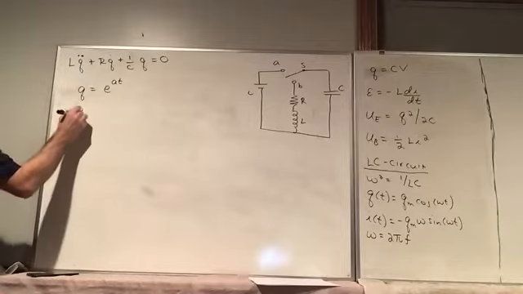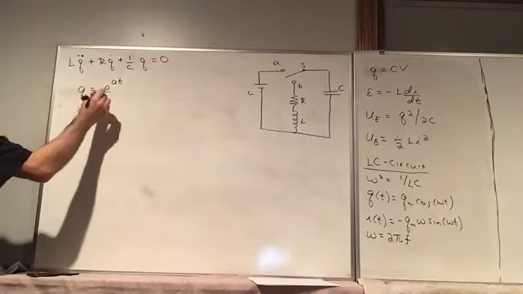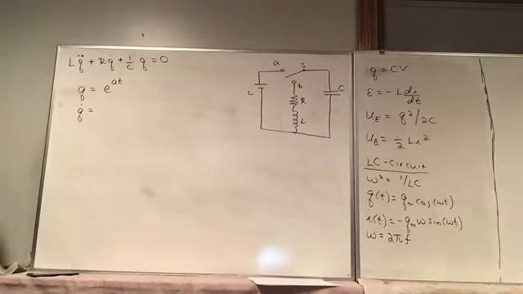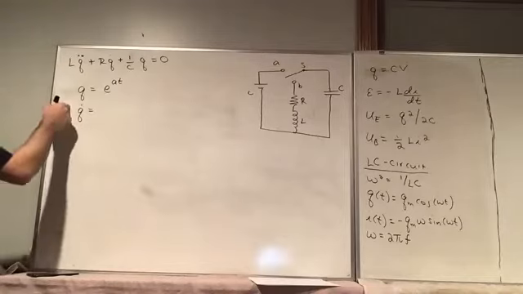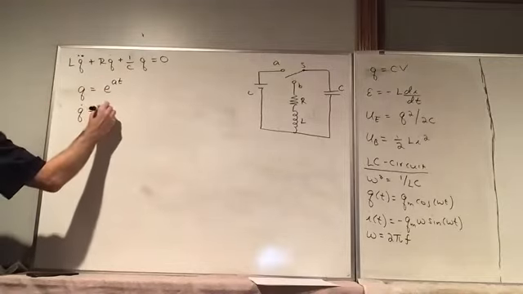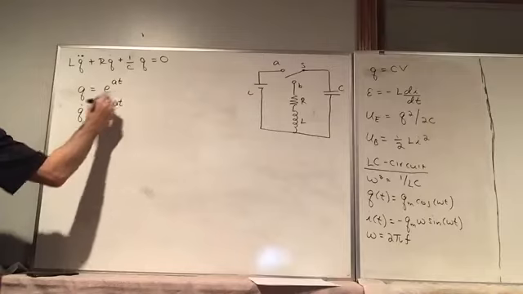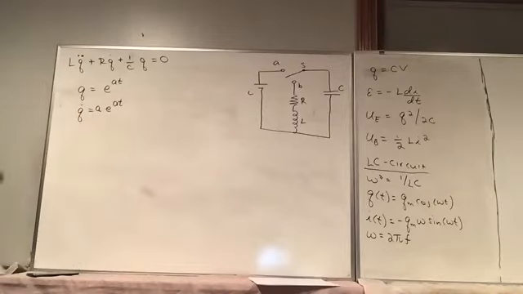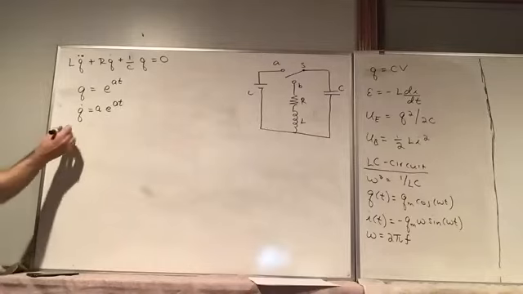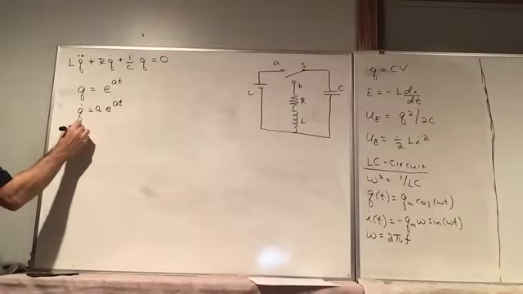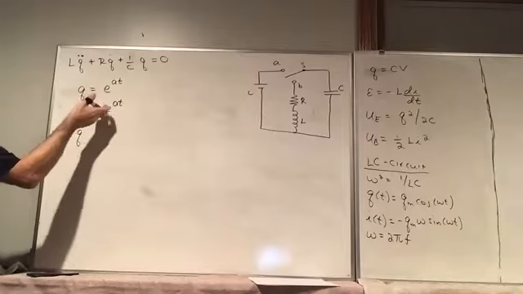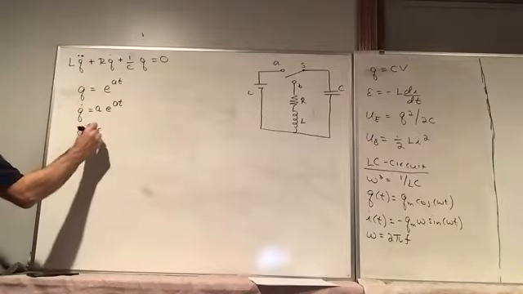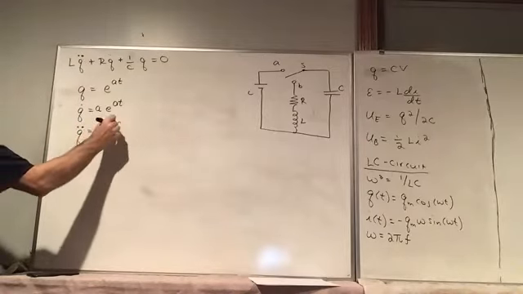Then the first derivative, or a derivative of e to the x, is just e to the x. So the first derivative is going to be e to the at, but then we have to apply the chain rule and bring out an a. And then the second derivative, we take the derivative again, we bring down another a.